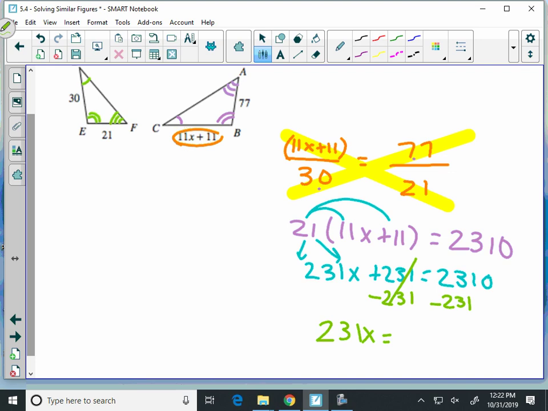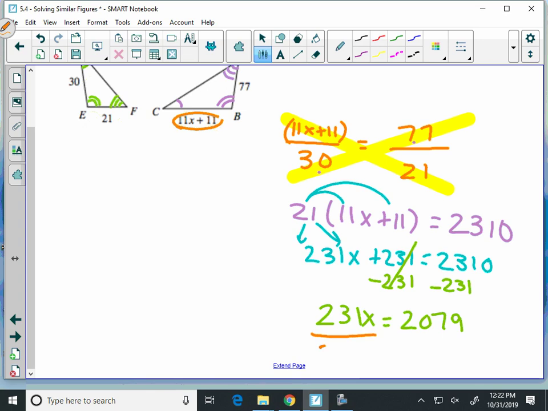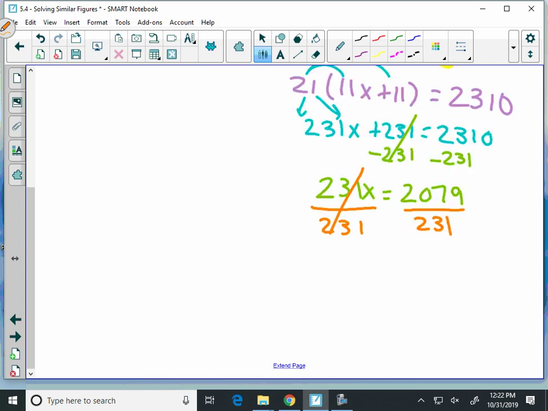What is 2,310 minus 231? 2,079. Divide by 231. What do we get? 9. All those weird big numbers in our answer just ends up being 9. There we go. X is 9.